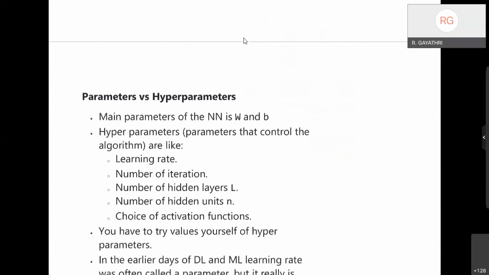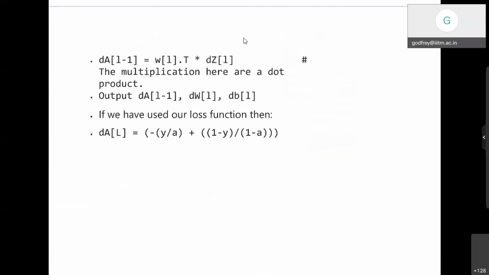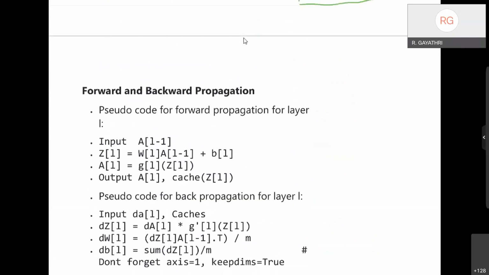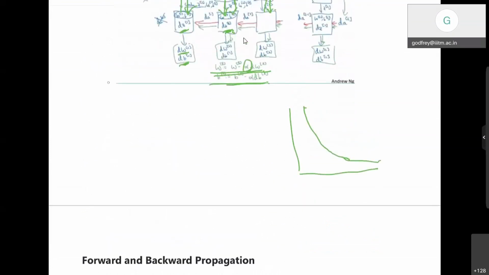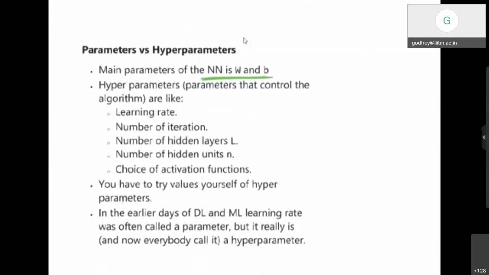Now if you look at the parameters, the hyperparameters are the learning rate, which is this alpha, used in the updating of the weights, and the number of iterations.